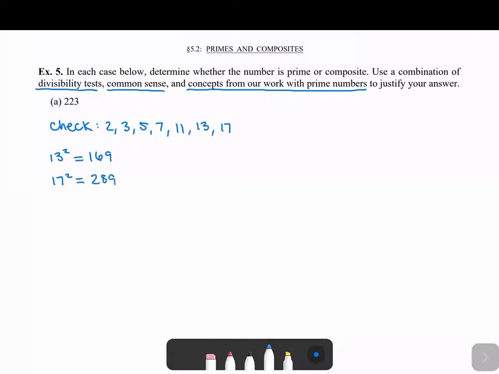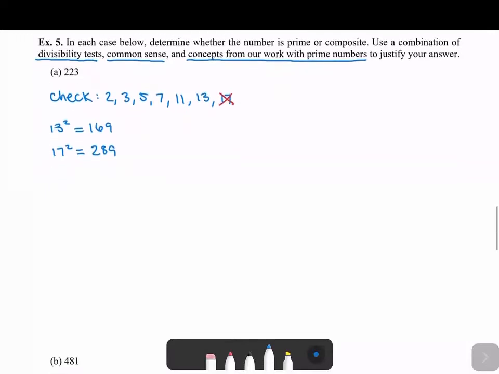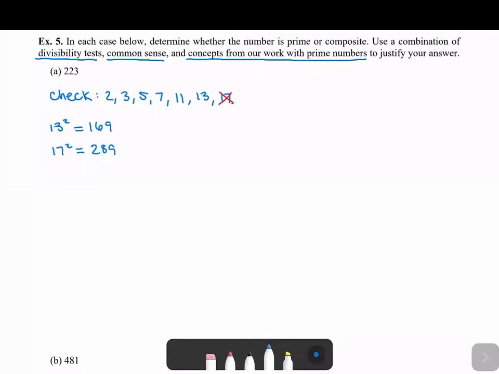And so 17 does not belong on this list because the square root of 223 has to be less than 17, because the square of 17 is bigger than 223. Okay, so these are all the things we need to check: 2, 3, 5, 7, 11, 13.